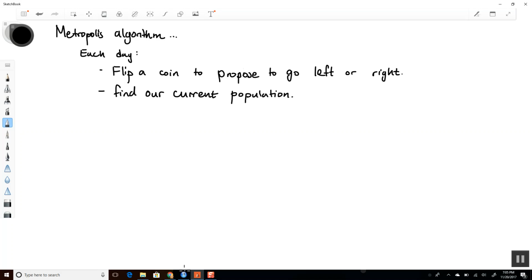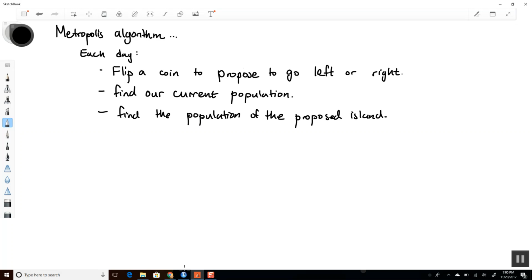Okay, we will find our current population, and then we will find the population of the proposed island.